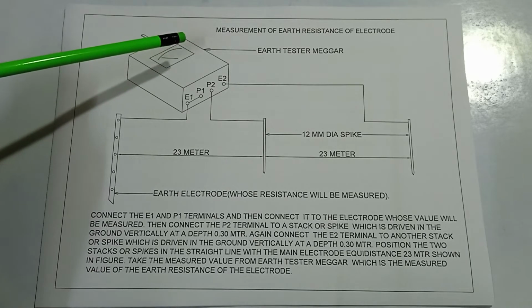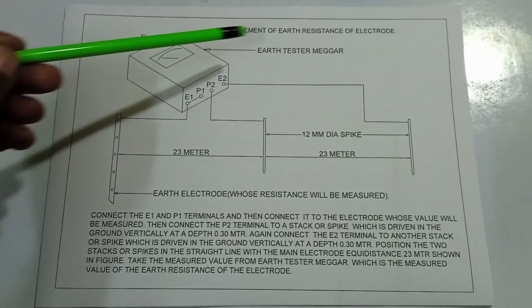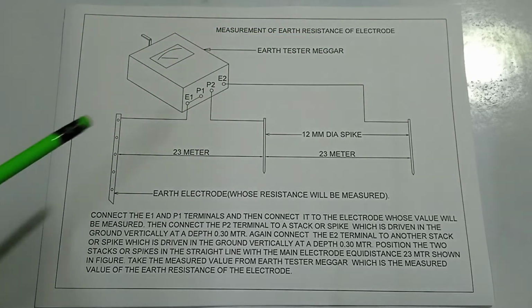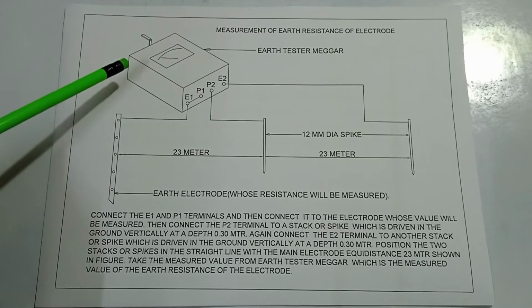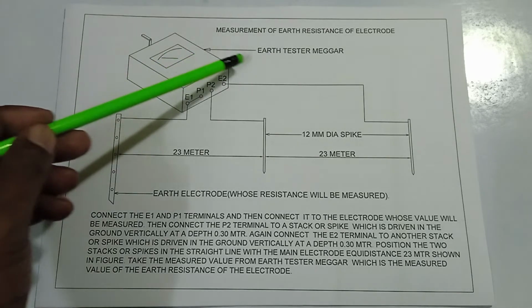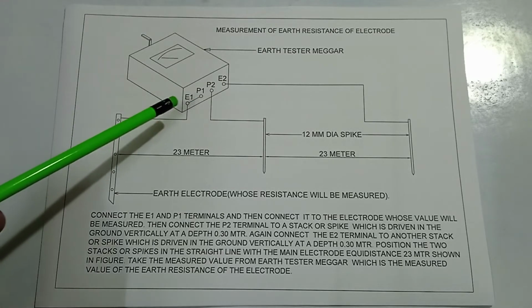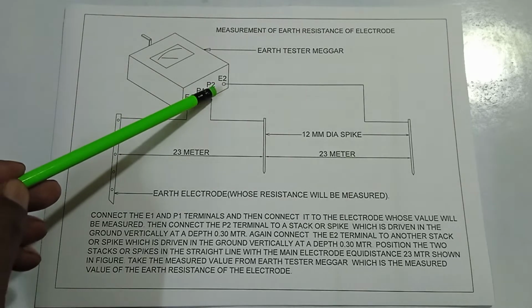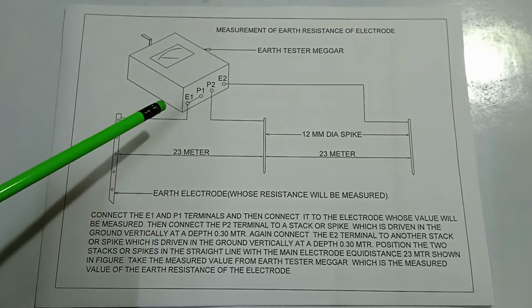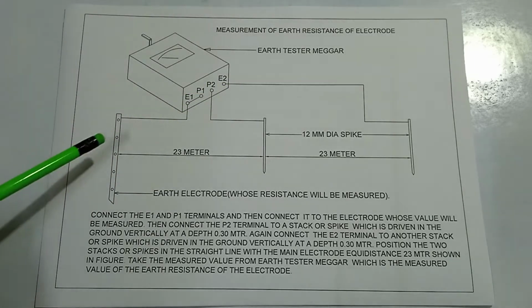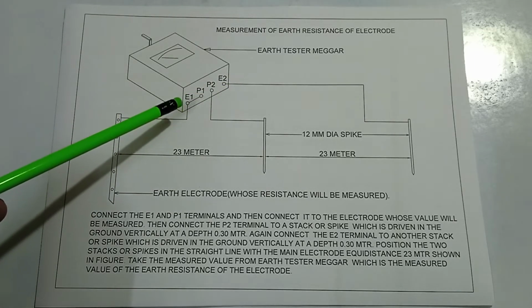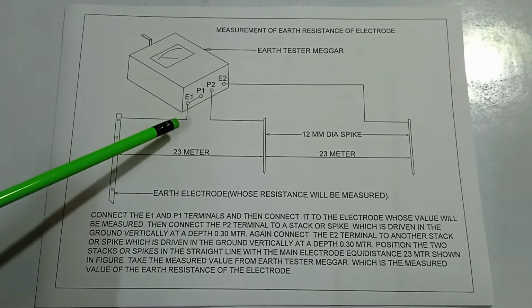Here is the measurement of earth resistance of an electrode. This is done by the earth tester megger. This is the earth tester megger. It has 4 points: E1, P1, P2, E2. First short the E1 and P1.